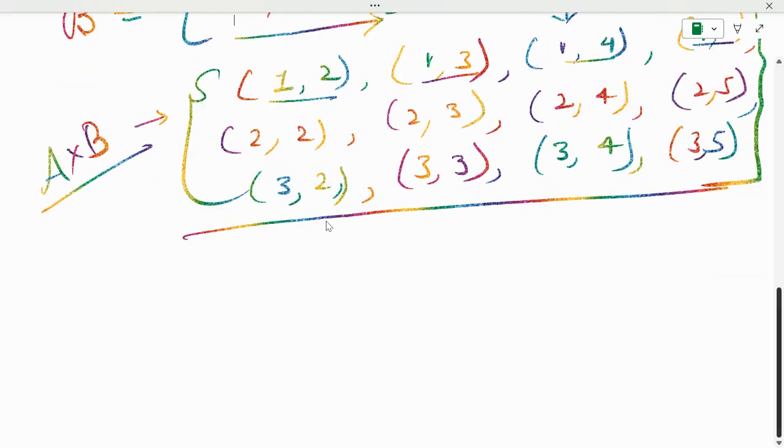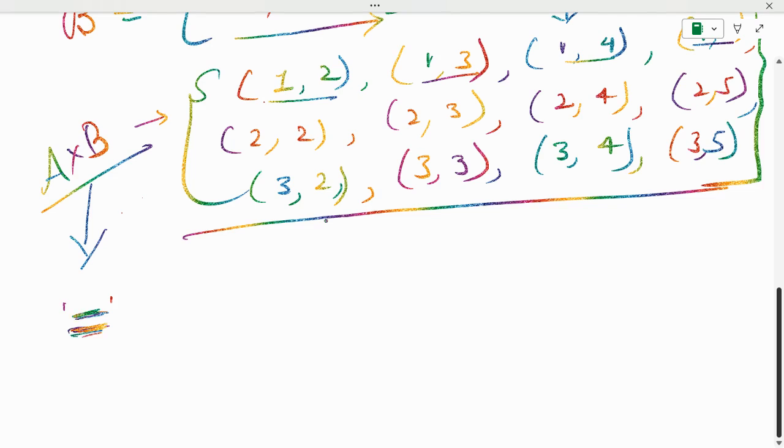Let's say we are defining a relation on A cross B like equal to. We are saying: pull out all those ordered pairs from A cross B in which the first element is equal to the second element. So equal to is a relationship operator.